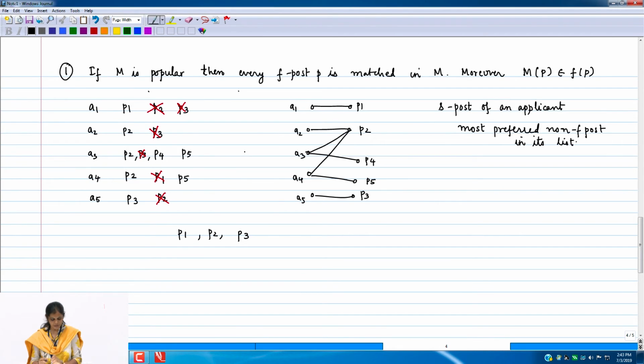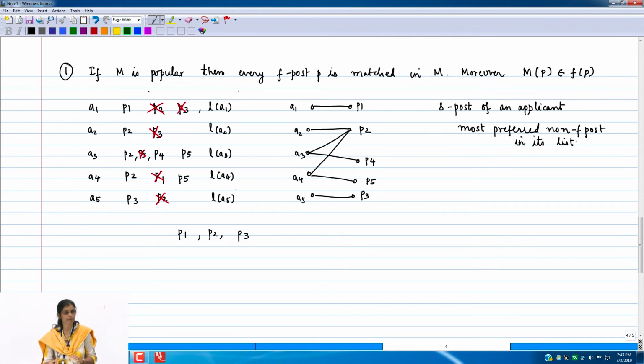So what we are going to do is a small pre-processing of the instance. As soon as we are presented with the instance, we will add a unique last resort post for every applicant: LA1, LA2, LA3, LA4, LA5.